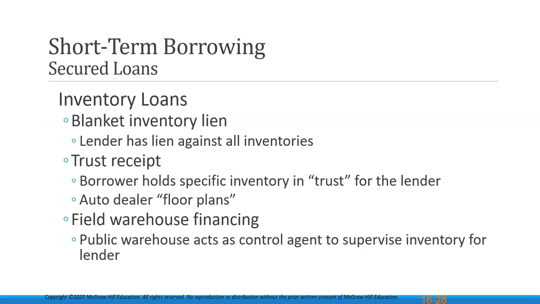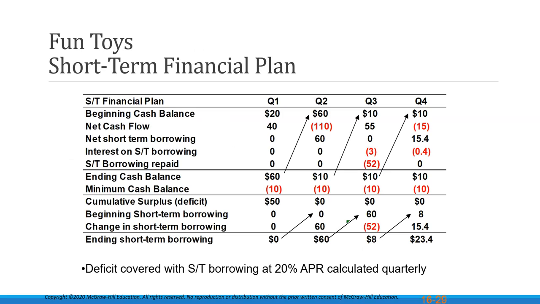An example would be an auto dealer that might have floor inventory, or inventory that's being held in trust. We have field warehouse financing, which is a public warehouse that acts as a control agent to supervise inventory for the lender, to make sure that if we have a lien against our inventories, we can't get rid of it under the lender's nose.